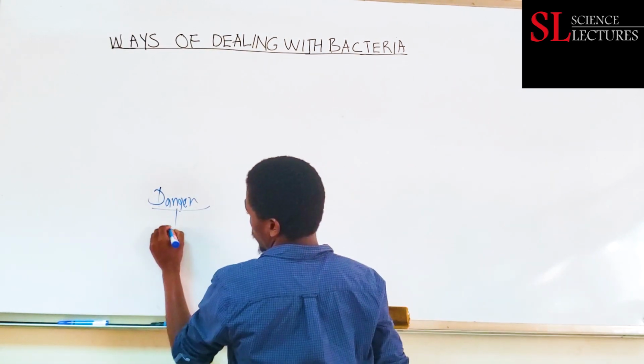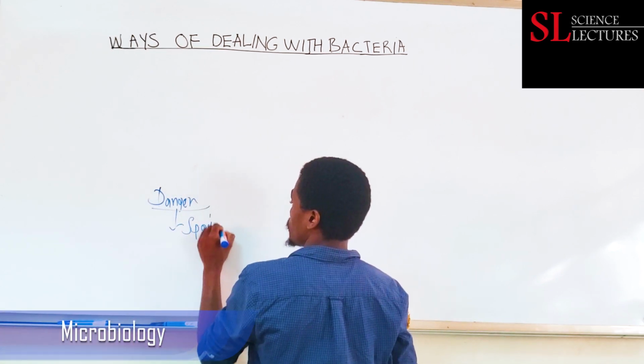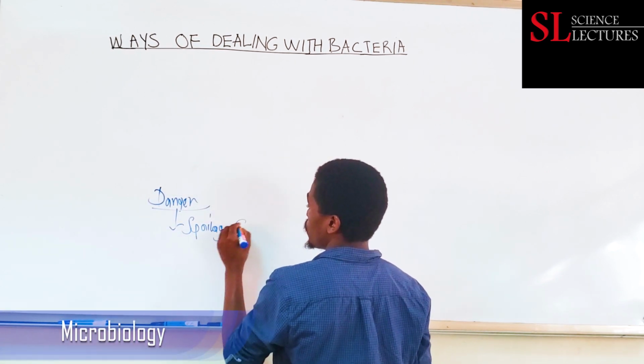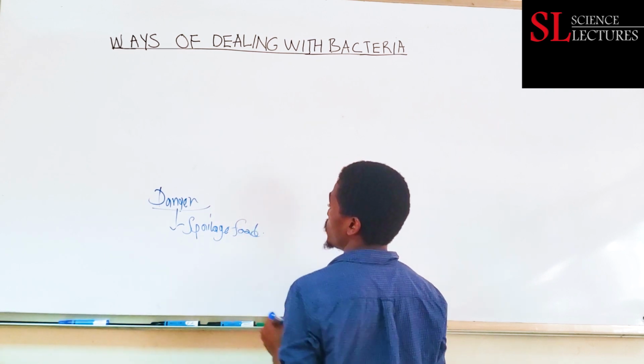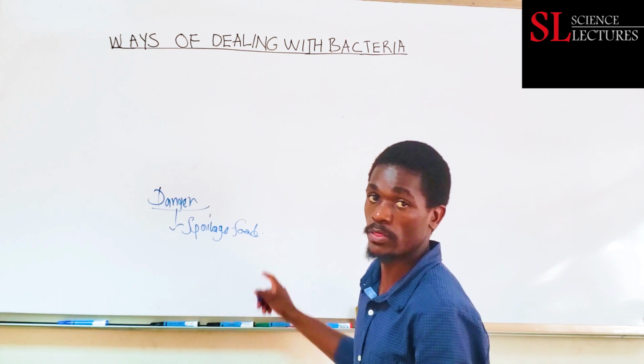At times, bacteria can cause what we call spoilage, for example, spoilage of food. So imagine you want to prevent spoilage of food. How would you deal with the bacteria?